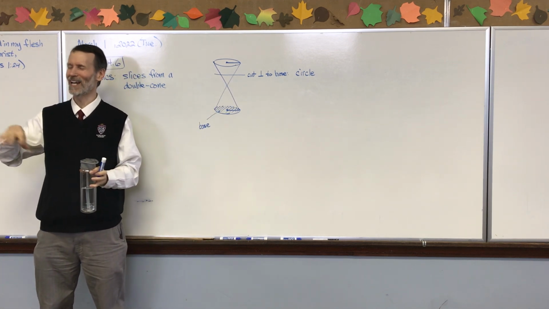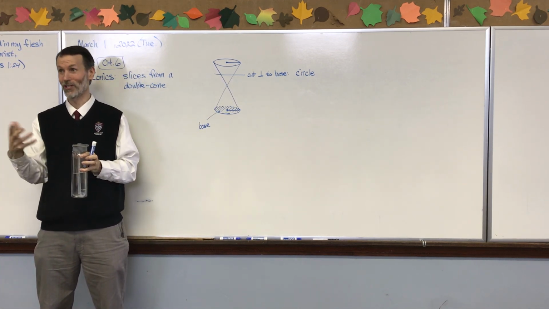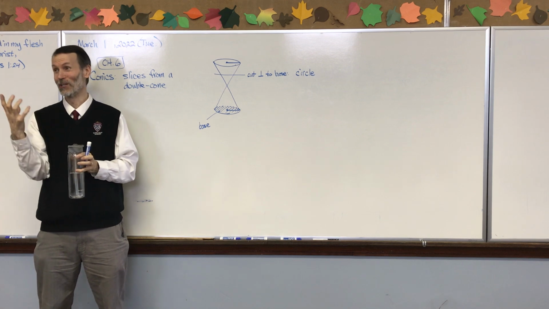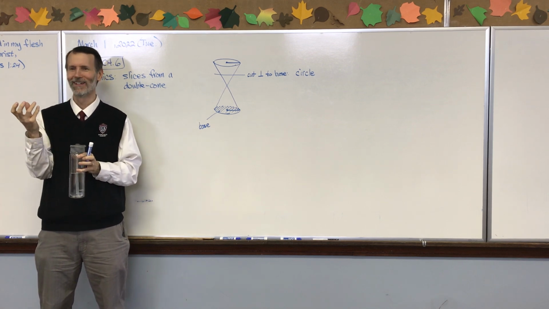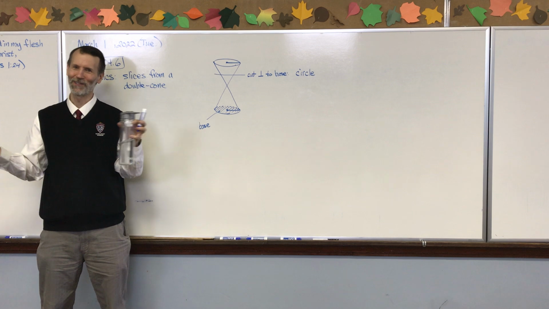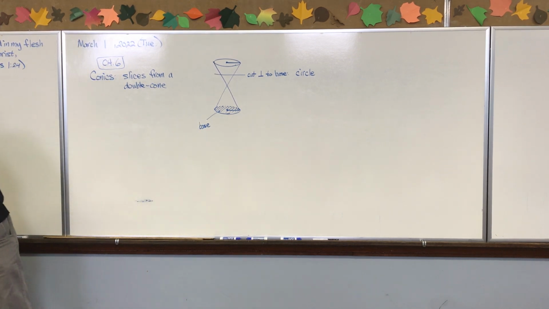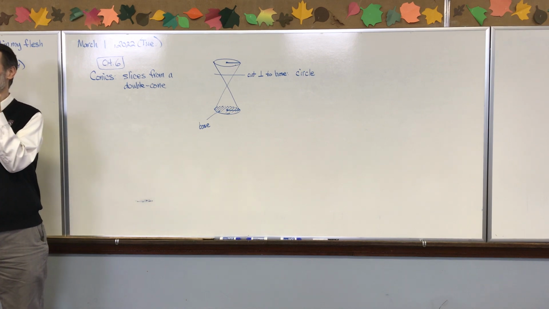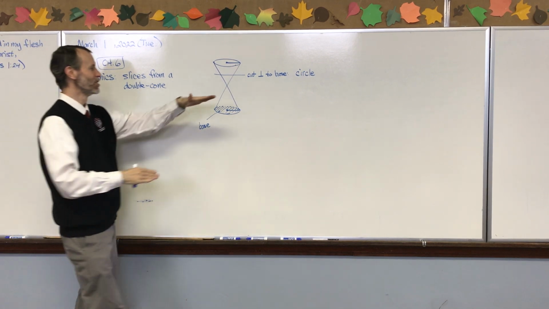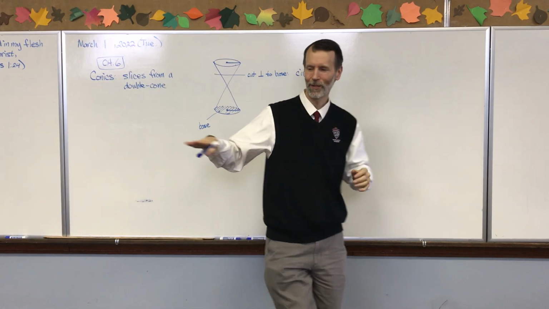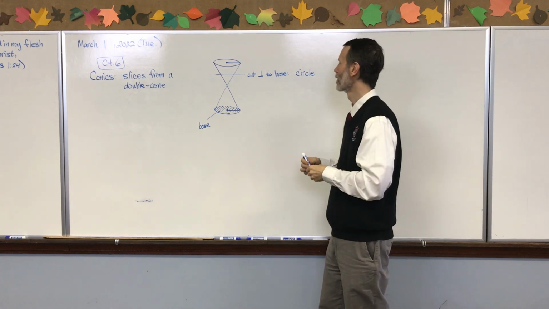The old-fashioned waffle ones, not the cheesy squared-off ones. I've been allergic to these for like 25 years, but I assume they still make them. But you've seen ice cream cones that come to a point, right? Okay, good. So if you sliced it perpendicular to the base, you're going to have a circle.